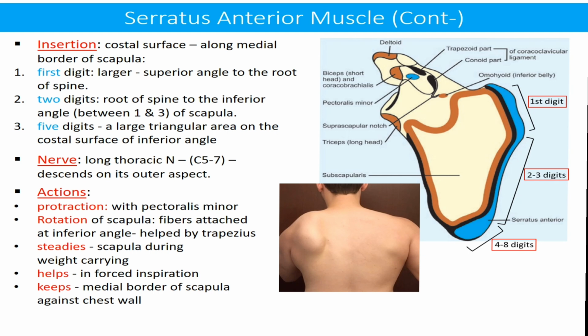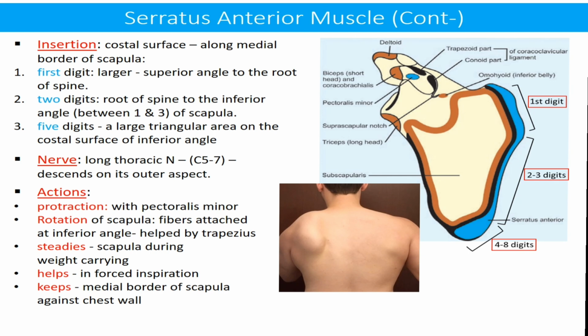As regards the actions of the muscle, it causes protraction with pectoralis minor. Its fibers attached at inferior angle cause rotation of the scapula, and this action is helped by the trapezius as well.